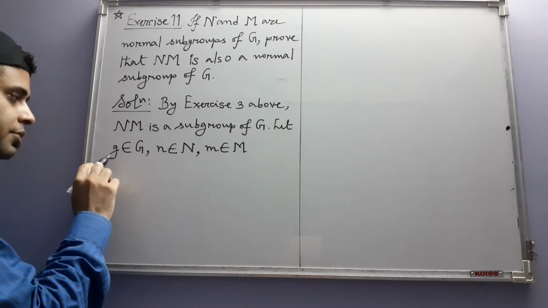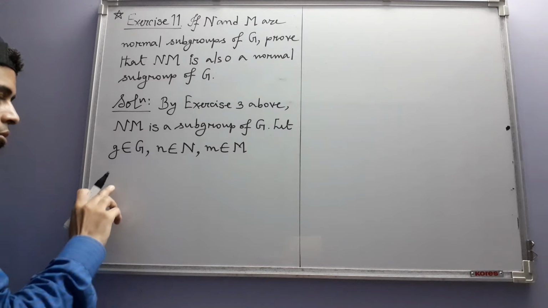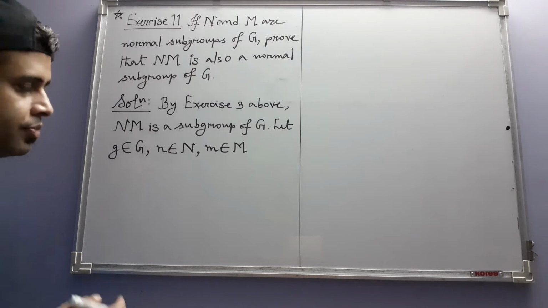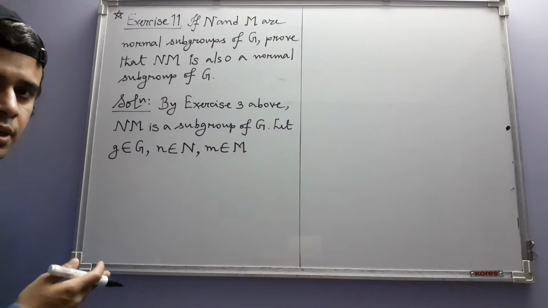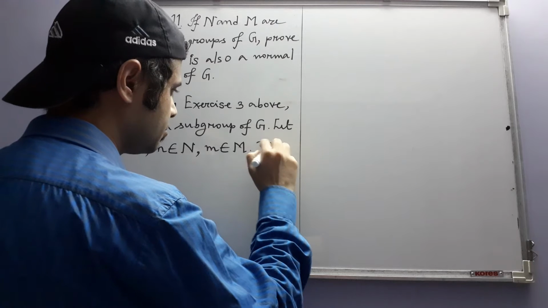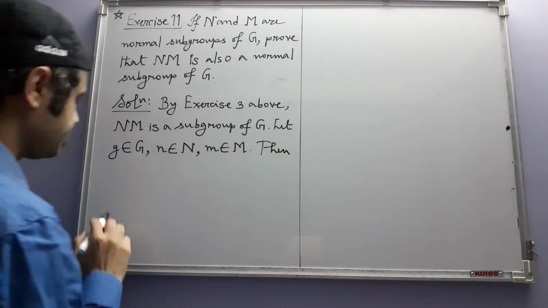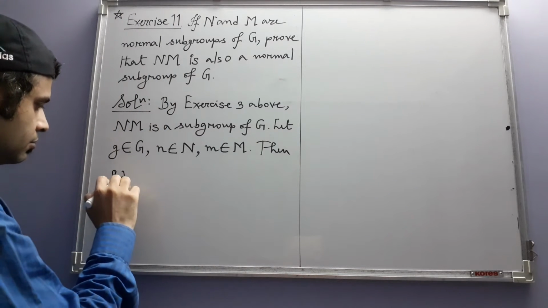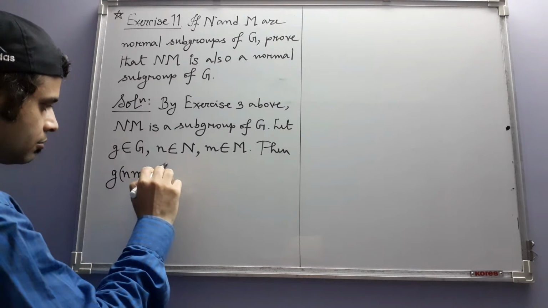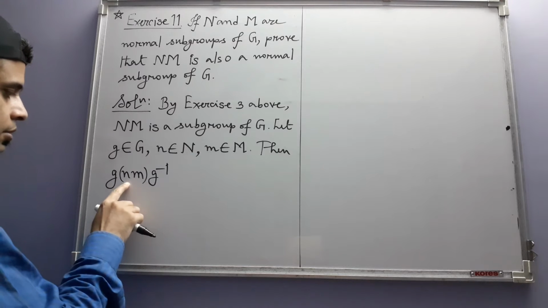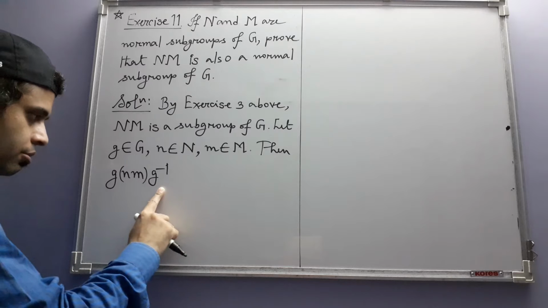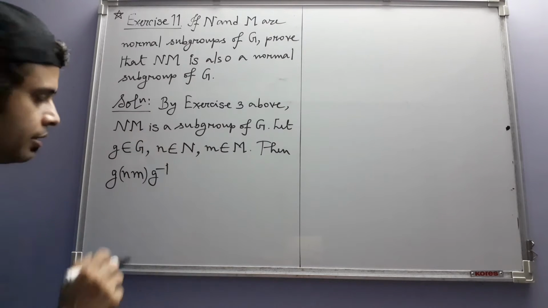And with the help of this g, we will then have to show that g nm g inverse belongs to NM. That will prove that NM is a normal subgroup of G. This is a general element in NM, so if we show that this belongs to NM, then we are done.